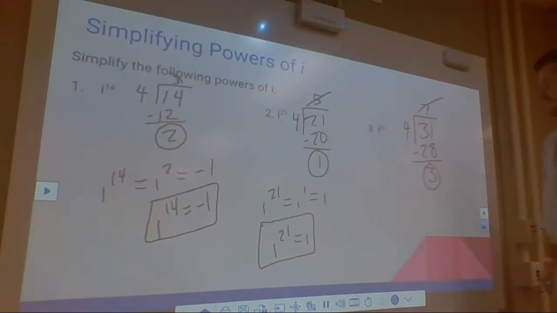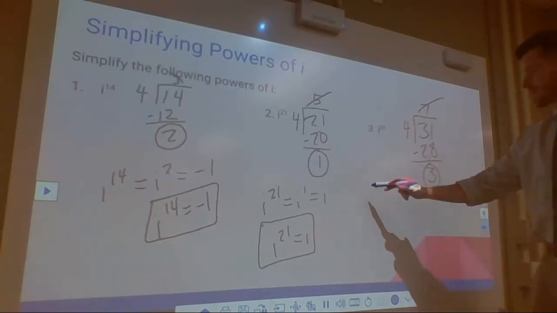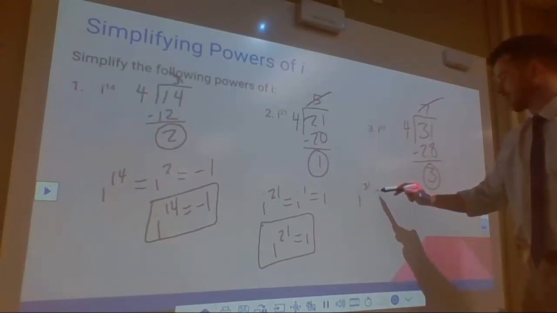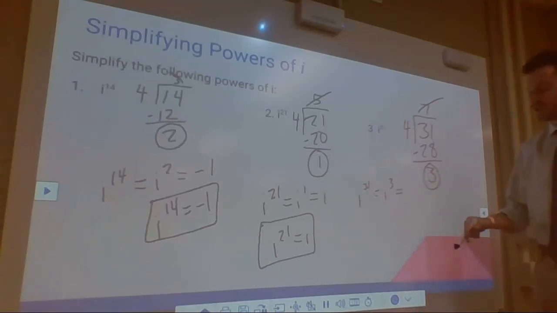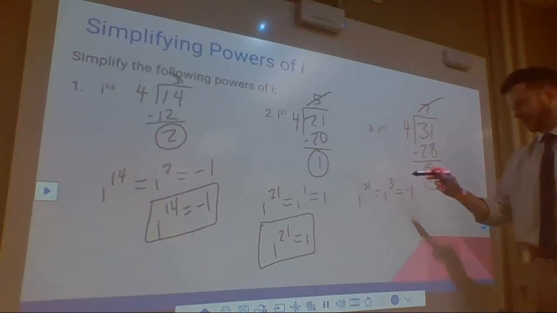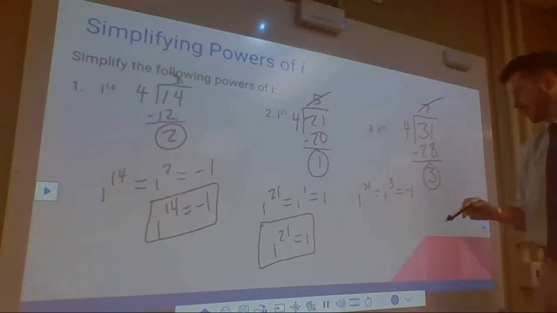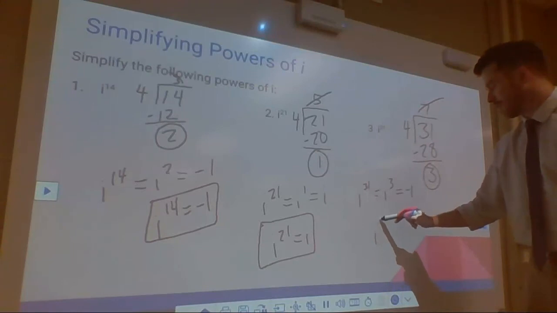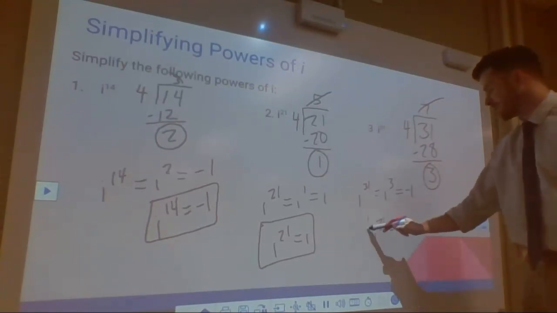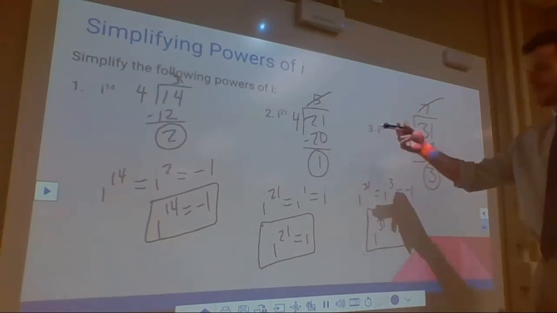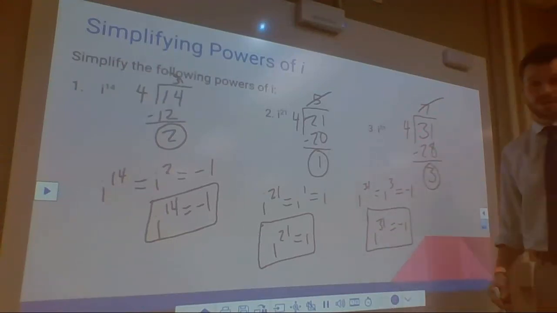Again, not worrying about the 7, we say i to the 31st power equals i to the third power, which, like we said earlier, is equal to negative i. Make sure you have this memorized: i to the third equals negative i. Therefore, i to the 31st power equals negative i. There's your final answer, and that's how we simplify the powers of i.